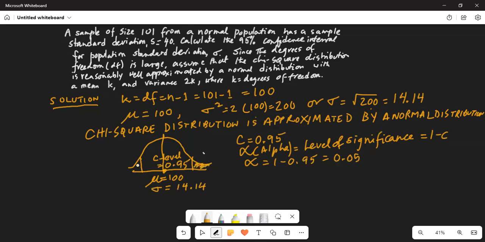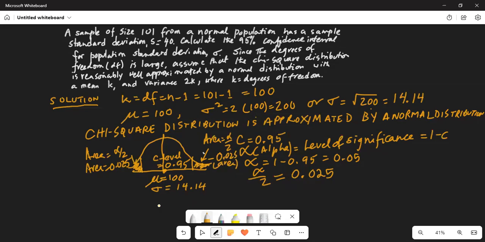Because the area in each tail, where we do not want the standard deviation to fall, is alpha by 2. This area is alpha by 2, and this area is also alpha by 2. Alpha divided by 2 is 0.025. So this area is 0.025, and this area is also 0.025.